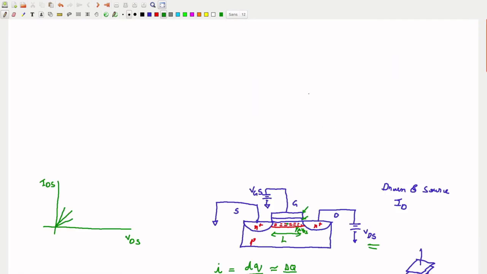So the graph now becomes parabolic. Initially it was linear, now it becomes parabolic. This effect of VDS, when considered in our drain characteristics, changes it from linear to parabolic.